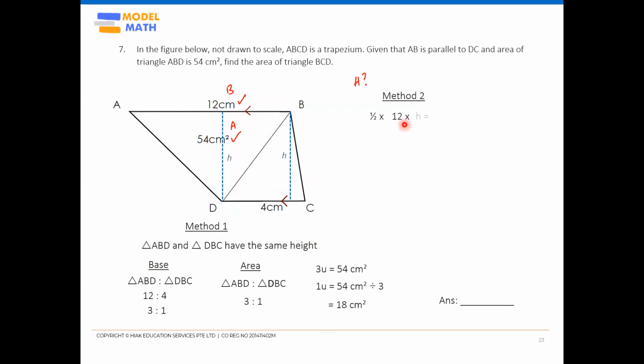The height I do not know, so I put h. Half times 12 times h gives me the area of 54. The only unknown in this equation is h. To find h, simply use 54 divided by 12 divided by half. Now that I know the height is 9 cm, this height here will also be 9. That's where you can use half times 4 times 9 to get the area of triangle BCD.